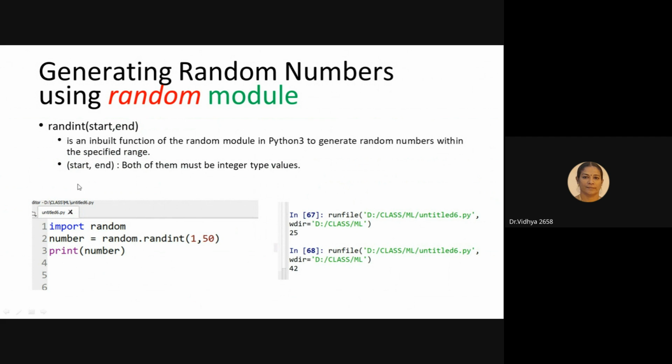Both the start and end of the range must be integer type values. So we can generate random numbers within a range as specified here. 1 comma 50 means 1 is the starting value and 50 is the end value. Likewise, we can generate random numbers using the random module.